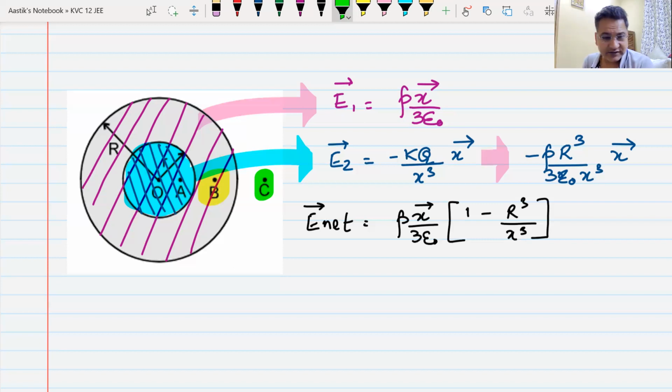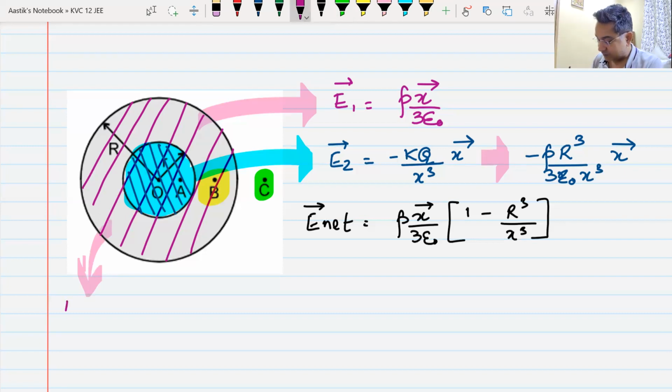Chalo, then I'll have to give the answer. Due to this one, the electric field, remember it is outside.